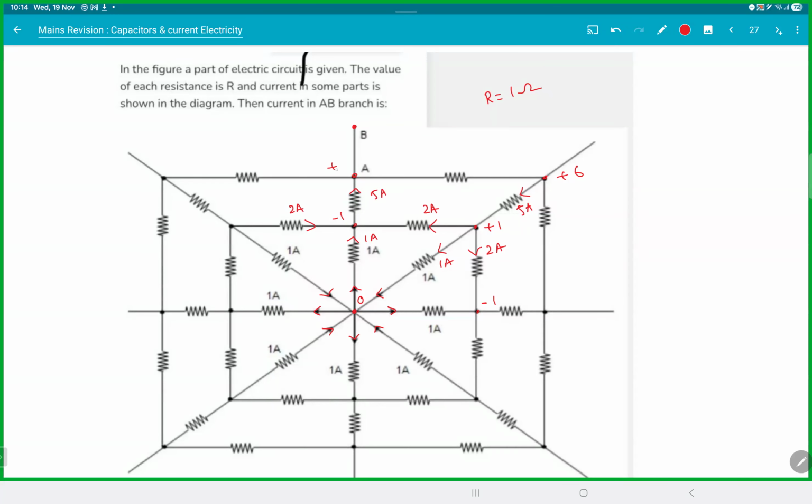So this guy will be plus 6. This guy will be minus 6. If this is plus 6 and this is minus 6, the potential difference is 12. So this branch may have 12 ampere current, this branch 12 ampere current, and this branch 5 ampere current. This branch may get 29 ampere.